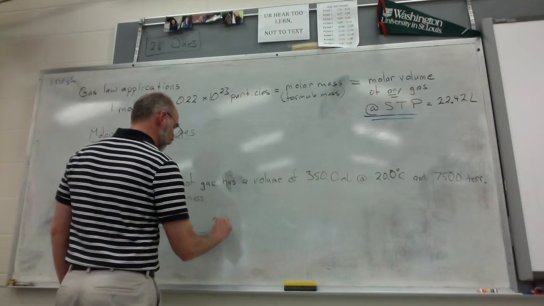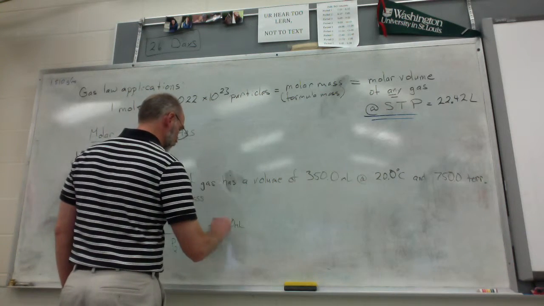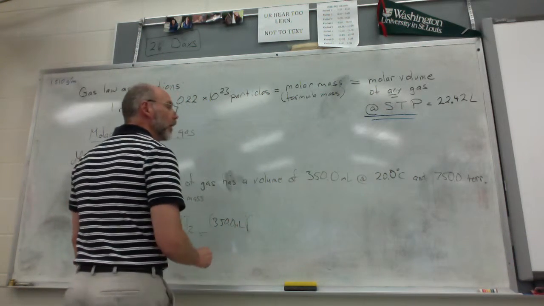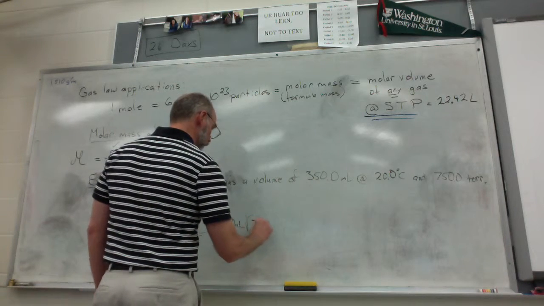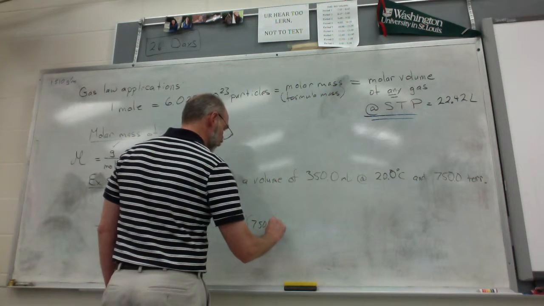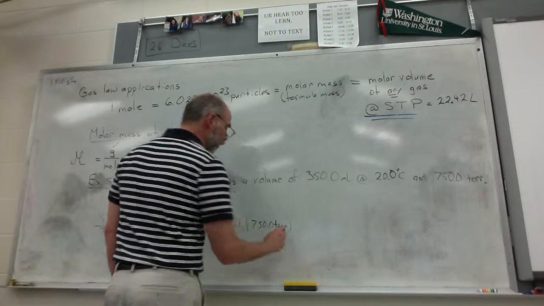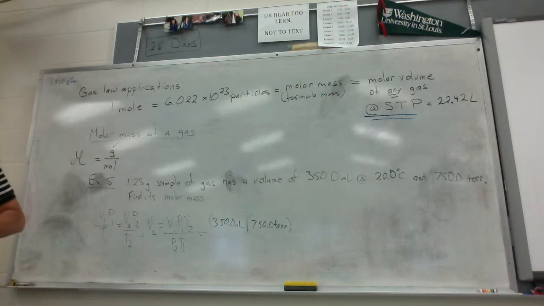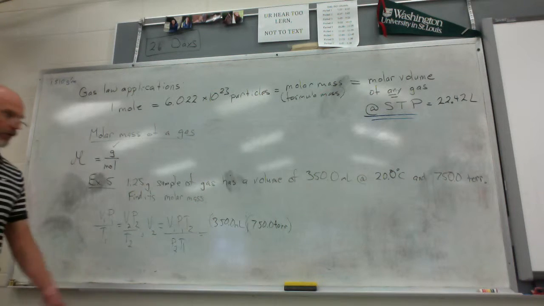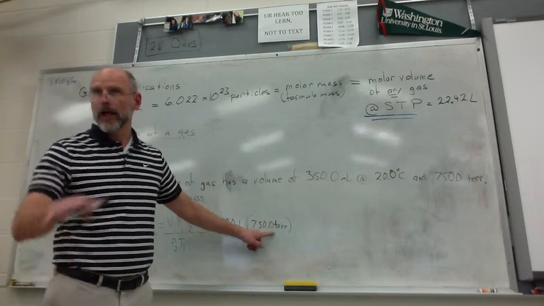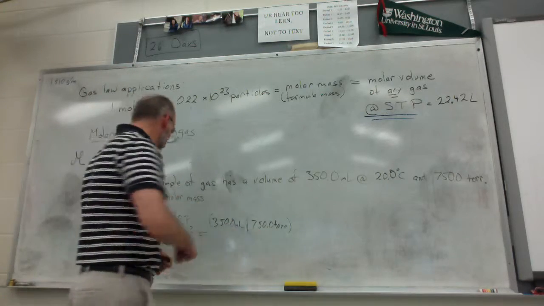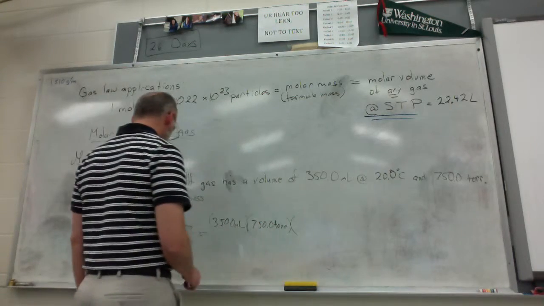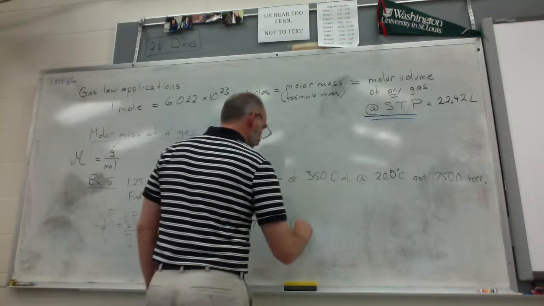So we have 350 milliliters, 750 torr. Now I could have asked that this gas was collected over water, at which point what would I do? Subtract the water vapor pressure from this, but I didn't do that this time. And then T2 is 273.2.